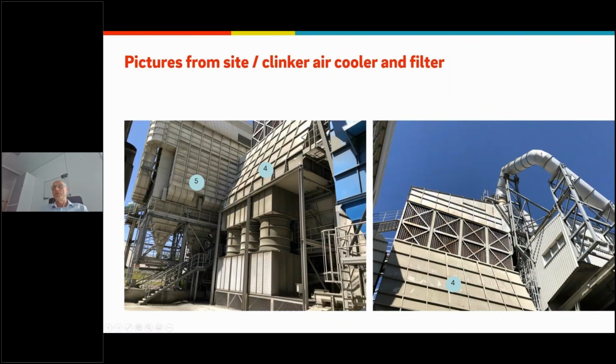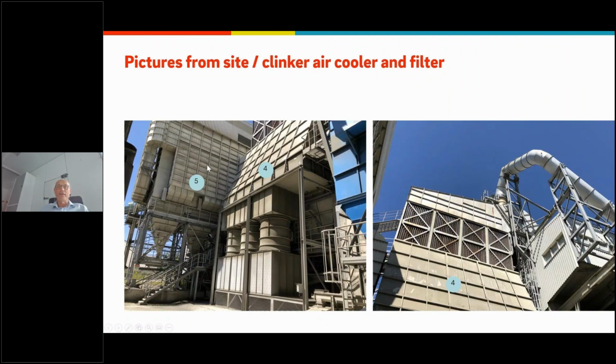The air is going this way through this box and going up to here, and at the end it's going on this side, and this side is a filter. The air has to cool down because the filter, the air is here, it has 350 degrees Celsius. The heat is going into the atmosphere here, and then the air is going this way to the filter here.